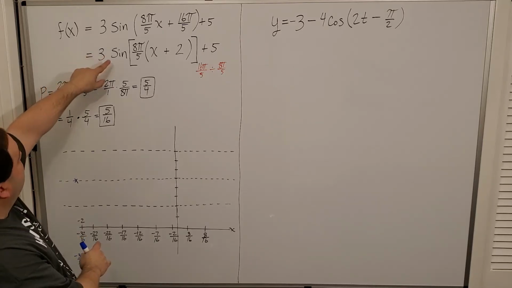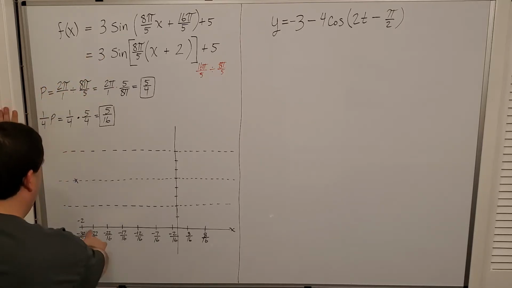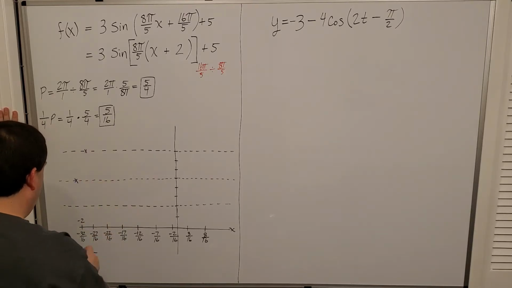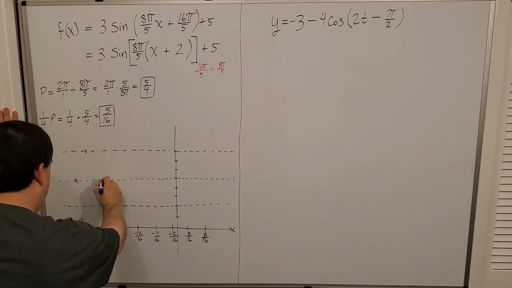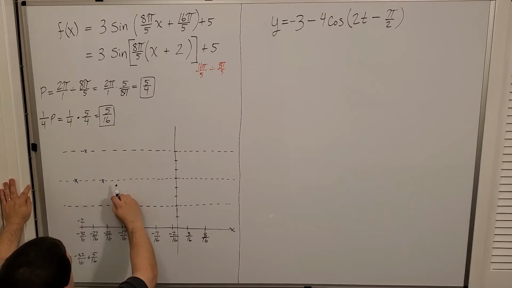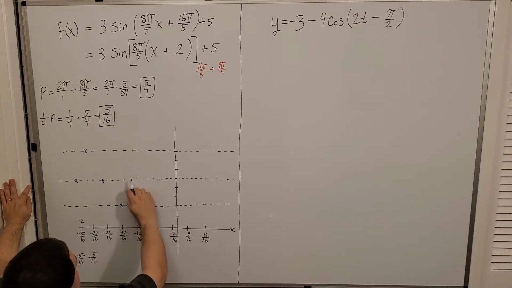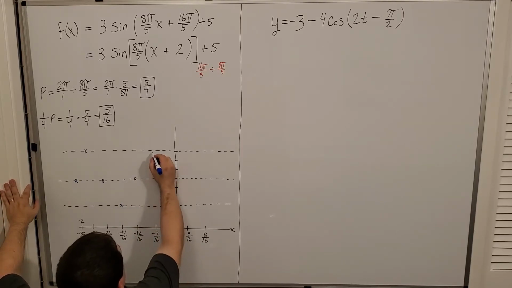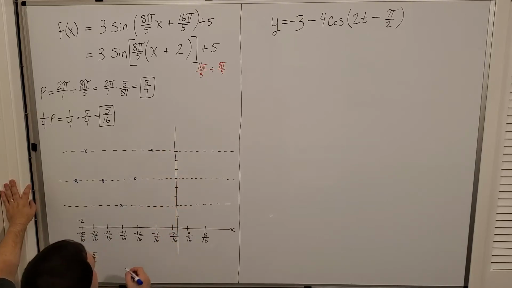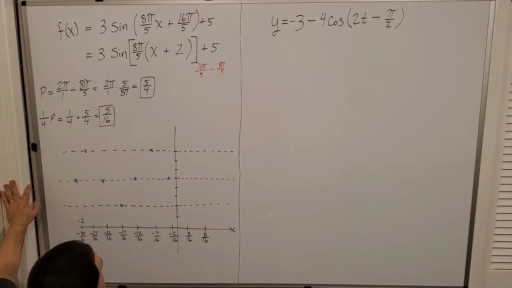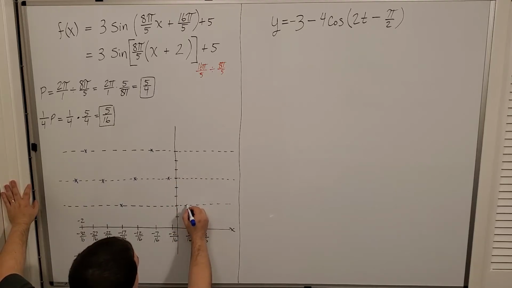Then it's a positive sine, so it's going to go up. On the next mark right here, I'll be up here. Then at the third mark, I'll be in the middle again. Right? And then at the next mark, I'll be at the bottom. And then at the next mark, I'll be in the middle again. And then here, I'll be up at the top again. And here, I'll be in the middle again. Bottom.